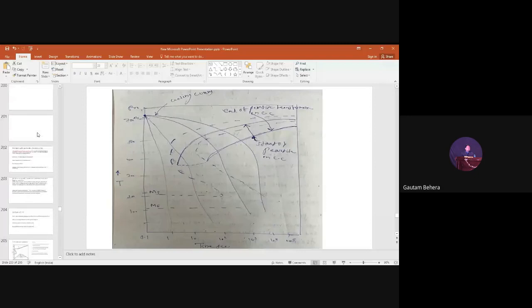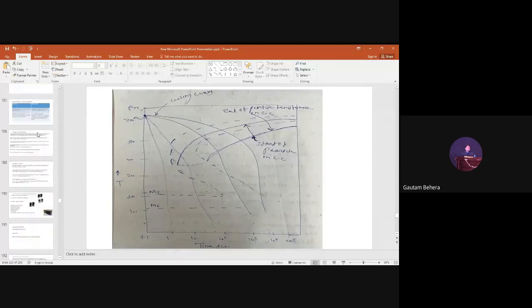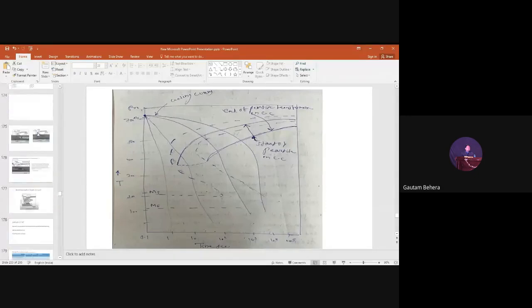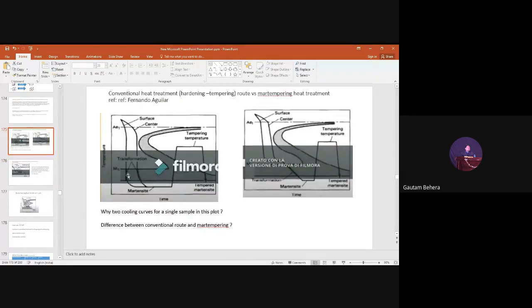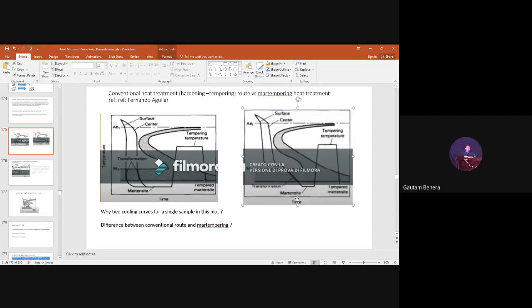Okay, let me show you this part. It will be more clear. What is this diagram showing? Yes, this is martempering.